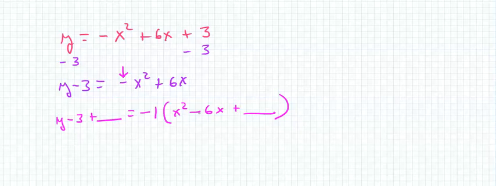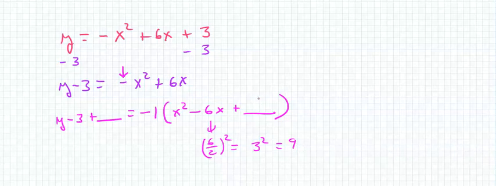And now, half of 6 squared is 3 squared, which is 9. We add 9 here, but we do not add 9 here.